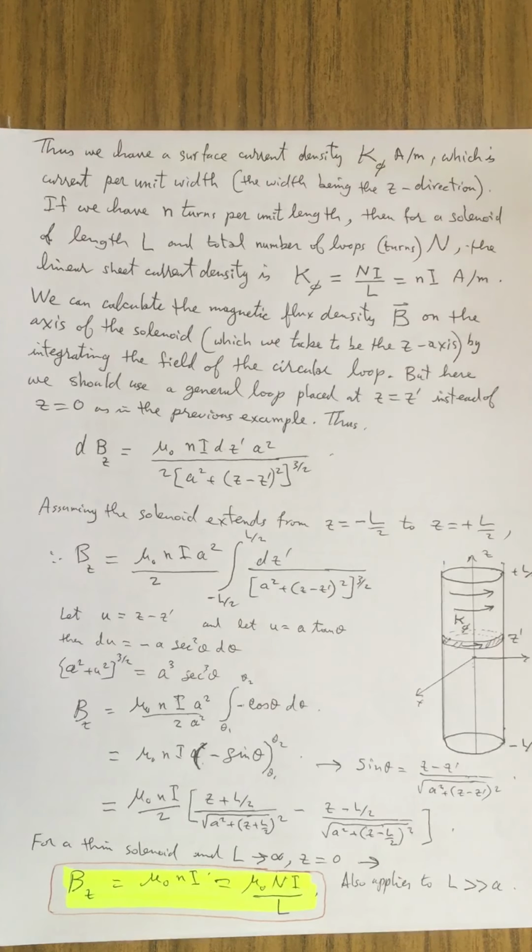So we use the same formula for the loop, but now we change z to z minus z', which is the position of the general loop. This gives us dB_z, and here the current density is K_φ amperes per meter, which is the current per unit width, the width being the z direction.